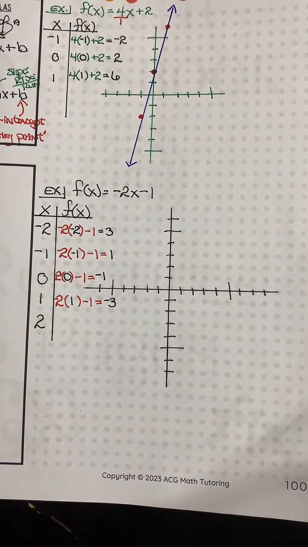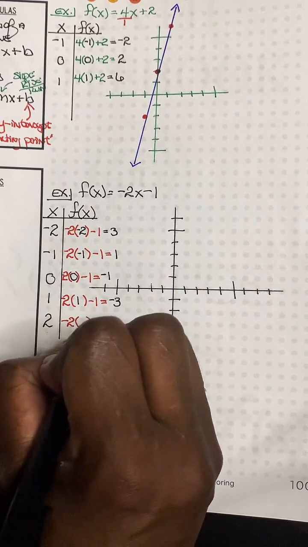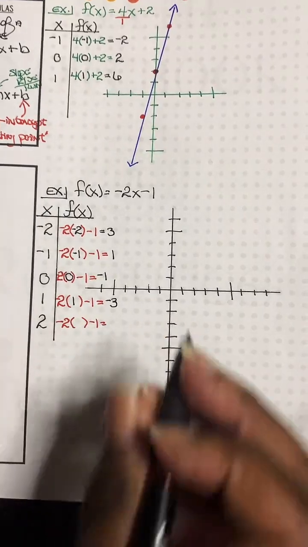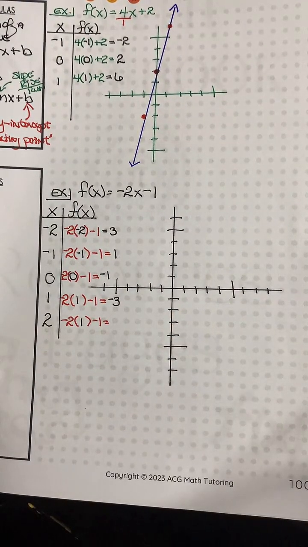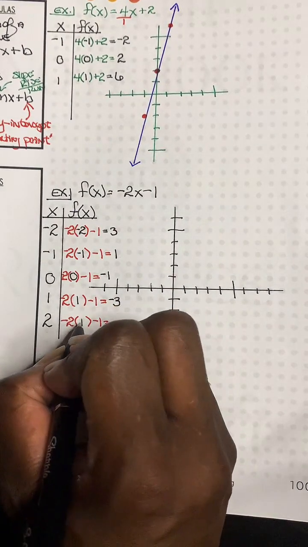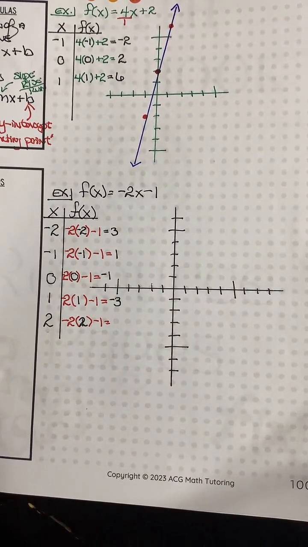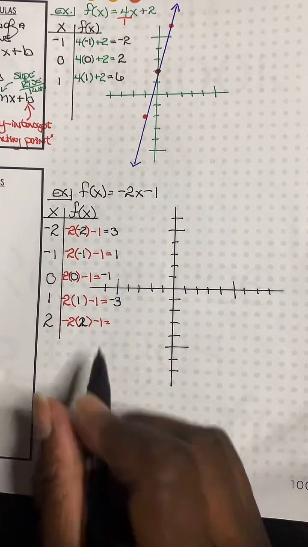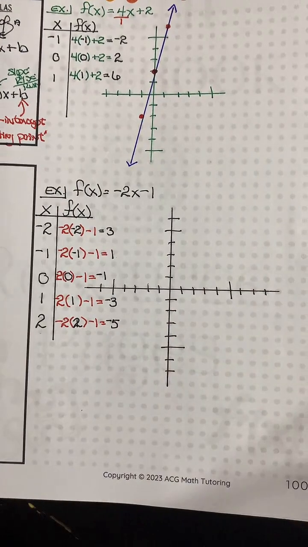And last but not least, 2: -2 times 2, I said 1 again, it's supposed to be a 2. Negative 2 times 2 is negative 4, and negative 4 minus 1 gives me negative 5. I knew something was weird.